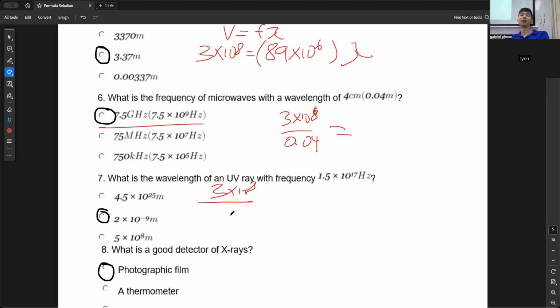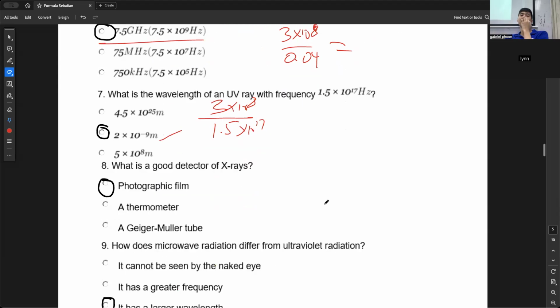Divide by? Yeah. Okay. What's a photographic film, by the way? Sharifah, what's a photographic film? How do I know that this thing can detect X-ray?